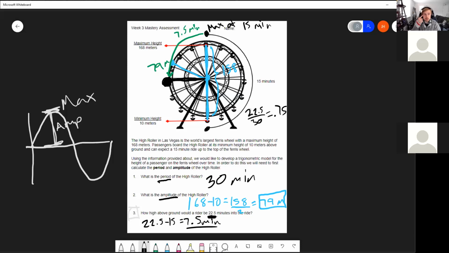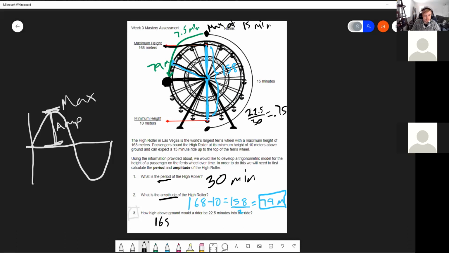Right? So all I need to do is figure out what the midline is. I actually had a lot of people realize this, and then they calculate the midline incorrectly. There were a couple of ways I saw people calculate the midline that worked, two main ways. First of all, guys, if I know how high the maximum is and I know how big the radius is, then I can just subtract them, right?